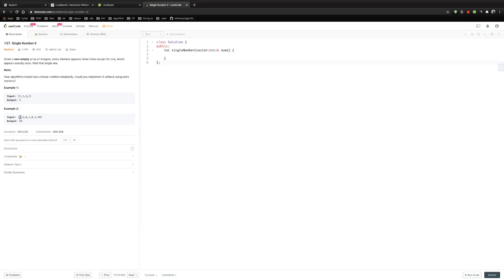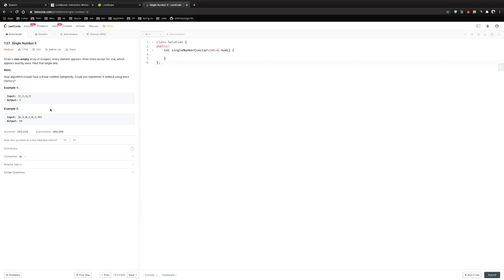For this example, 0 appears 3 times and 1 appears 3 times, so they can become 0. And then the left result will be our single number.